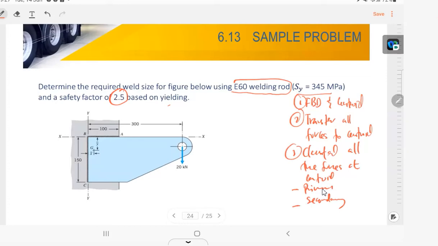So, in primary, is there direct shear stress or axial stress? Axial, is there any? Or bending? Direct shear stress, or is there axial stress? That is primary. For secondary, identify bending and torsion. Okay.